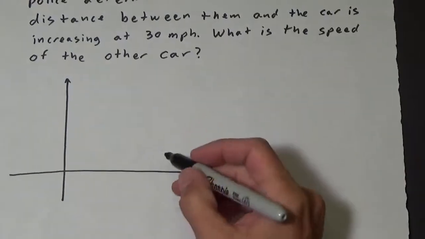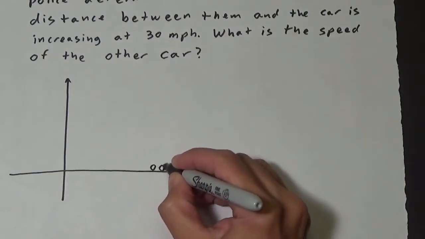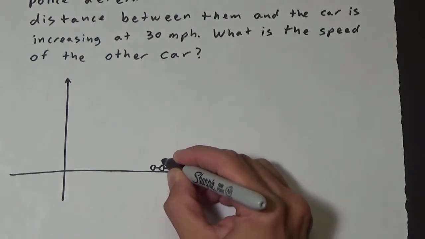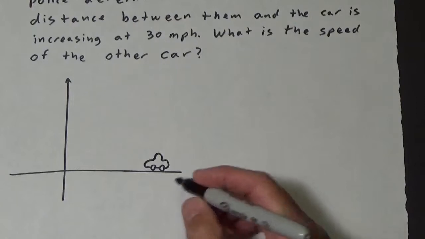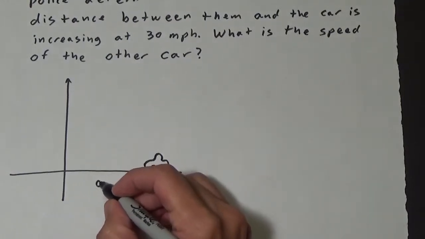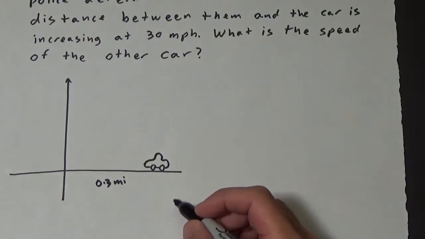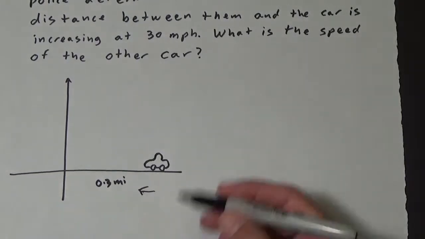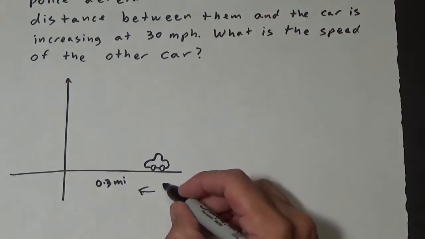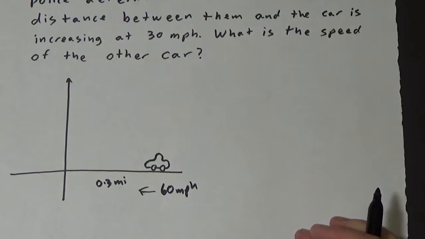So we will say this is east. So here's our police car, and we know that it is 0.3 miles from the overpass. And it is going to the overpass, because it says it's driving up to the overpass at 60 miles per hour. So there's our first piece of information.